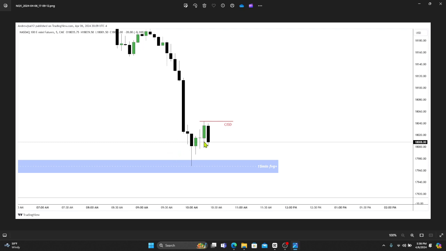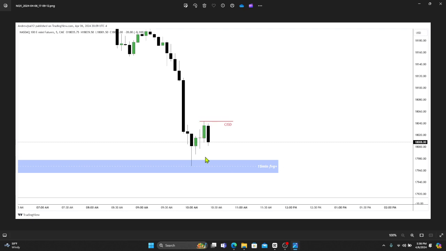This bullish candle that is tapping into this 15-minute fair value gap to the left here shows us that price is still in a bearish order flow, because this bullish candle taps in and then we continue lower. So now we created this short-term swing high here.